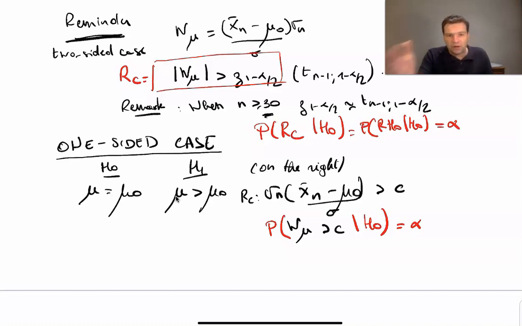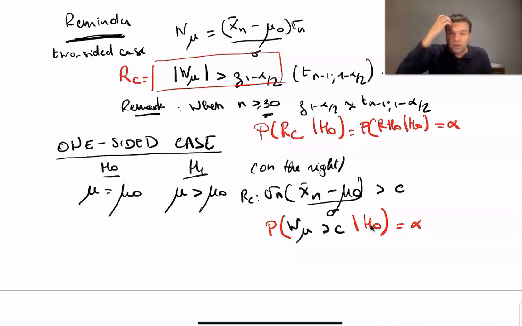It's a detail, but let's consider up to now that this is exactly equal to alpha: the probability of rejection of the null hypothesis, the probability of the critical region, and also the probability of type 1 error. Therefore, alpha is the level of the test.